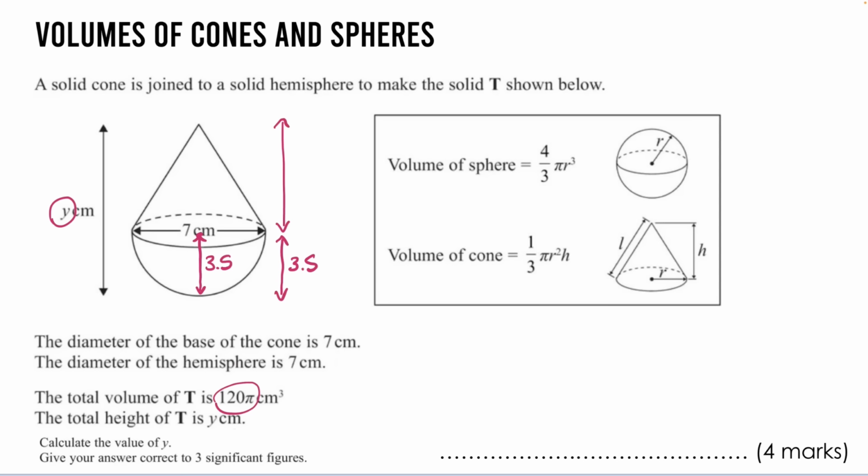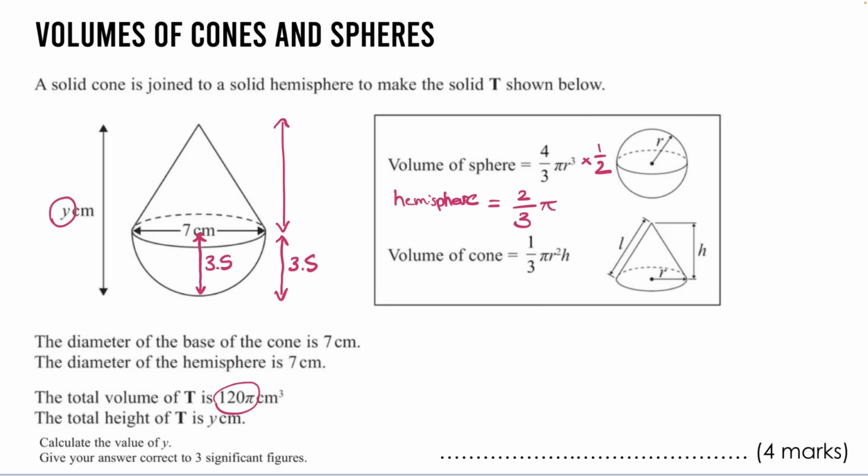So if we use the volume of a sphere formula, we have 4/3 pi r cubed. However, for a hemisphere, we can halve that as it's half of a sphere, and that's timesing this formula by a half. If we times it by a half, instead of being 4/3, and you can do this on your calculator, 4/3 times a half is 2/3, of course, half of 4/3.